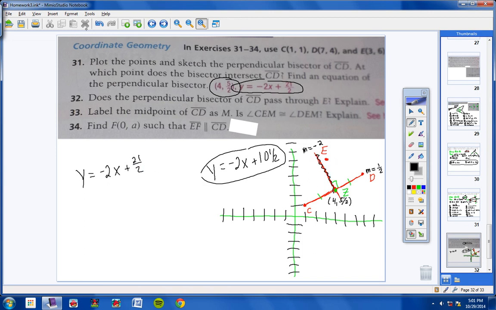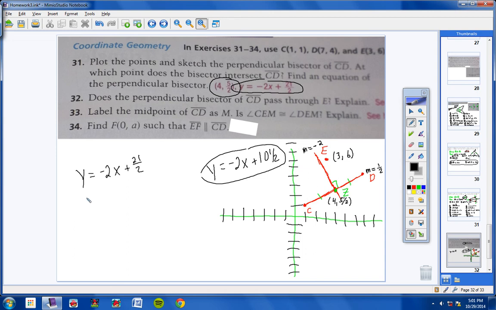Okay? Now, here's point E right here, 3, 6. Now, students, listen. If 3, 6 truly lies on this line right here, which it might, my drawing is not the best. If it does, then this point right here should satisfy this equation. So let's see if it does.